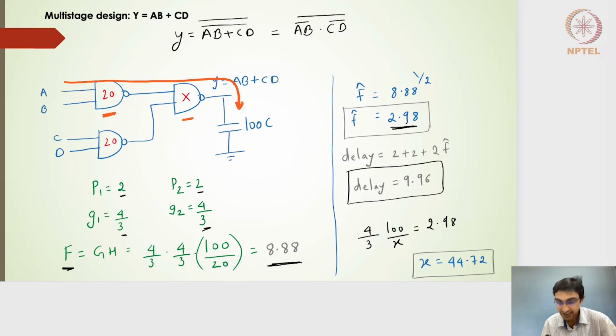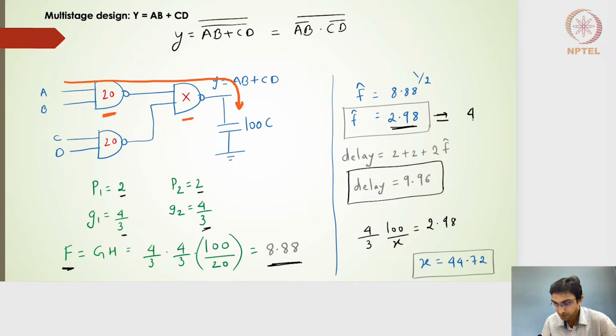From 2.98, I should be able to find the size of this particular gate, because for the first stage NAND gates we already know the size, which is given as 20 and 20. So we need to find the size of this gate, and that is possible by evaluating from F cap, which is the best individual stage effort.